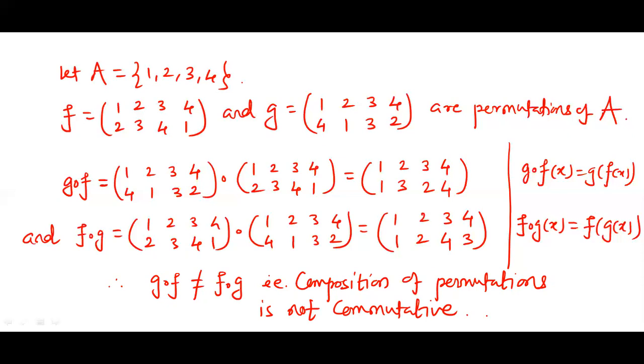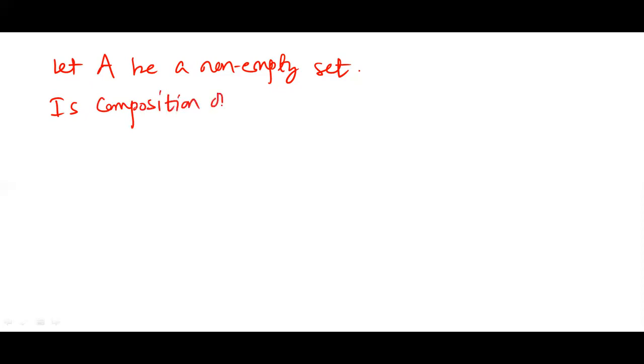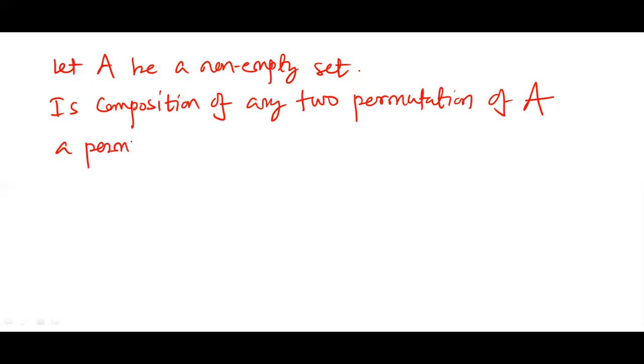Okay. Suppose we have some non-empty set A. A question is: composition of any two permutations of A, is it a permutation of A?